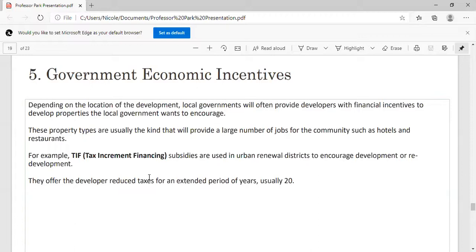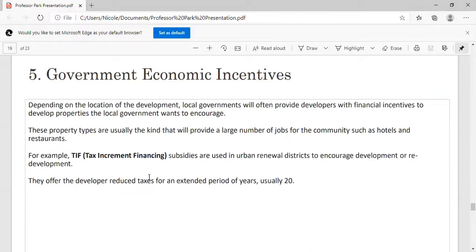Usually most governments don't want developments to fail that they're invested in. So it's really great because it involves even more people, and the whole development is less likely to fail in general. These are usually in urban renewal districts. Usually they'll want something that provides a bunch of jobs for the community.